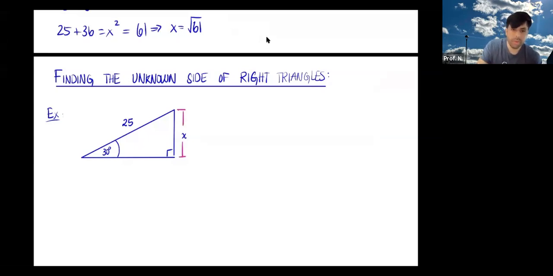So what trig ratio relates the angle theta, 30 degrees, with x and 25? Which trig ratio is associated with this? And Chen says sine. That's right. So which trig ratio relates the quantities in the triangle together?